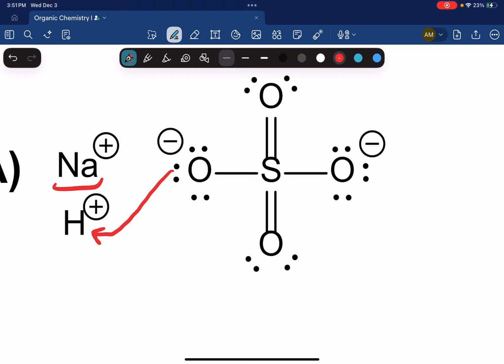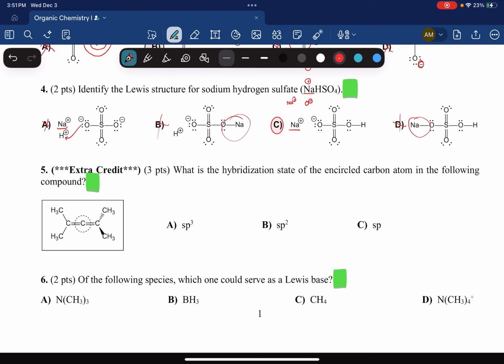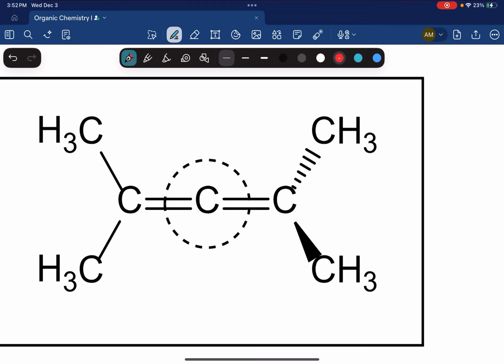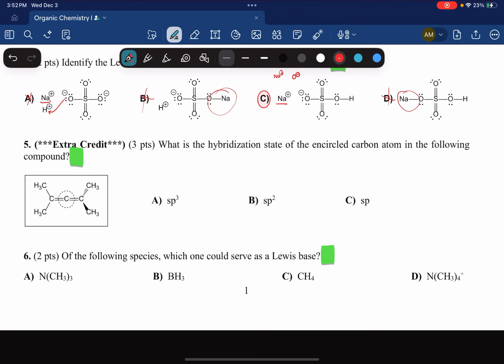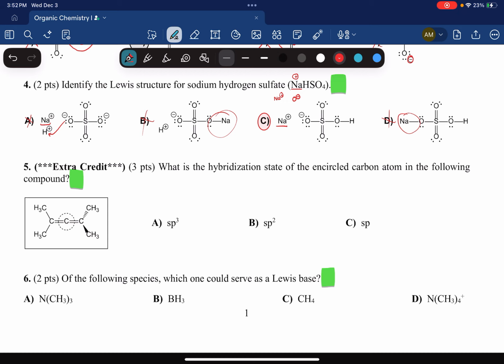Okay, extra credit. What is the hybridization state of the encircled carbon atom in the following compound? So we're looking at this carbon right here, right? It's got double bonds. I want to give you this trick for when you see it on another test, but it doesn't occur for this particular one.